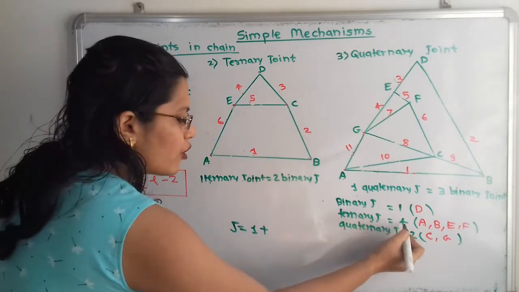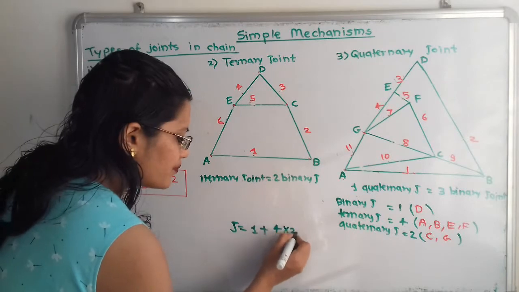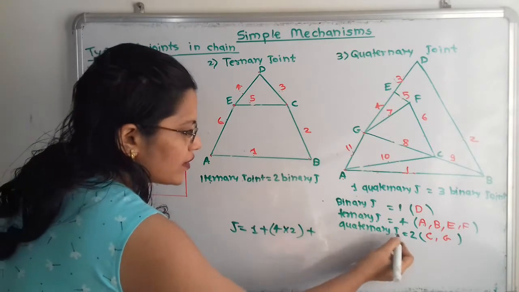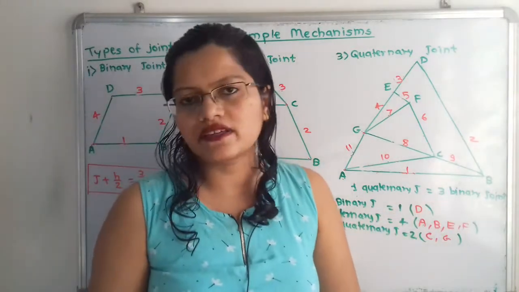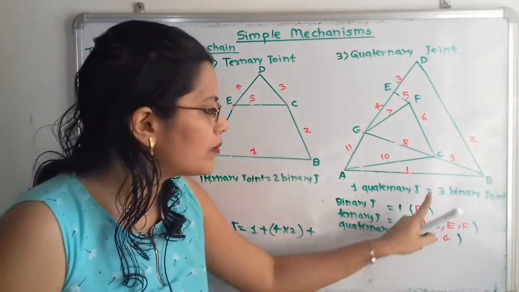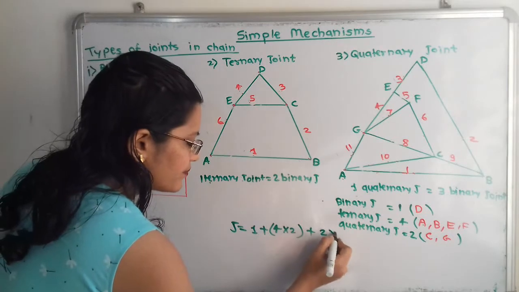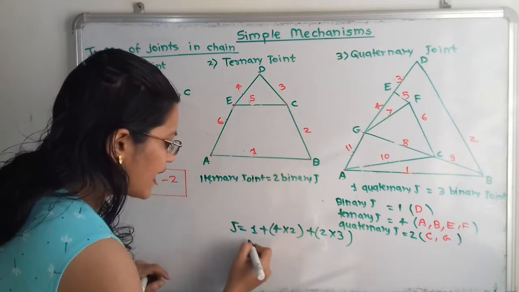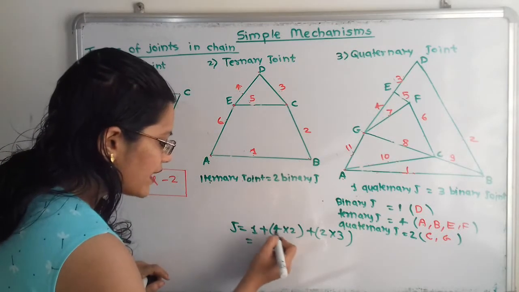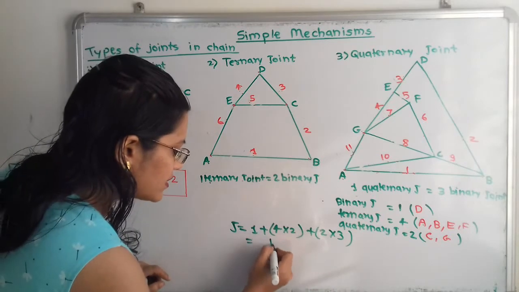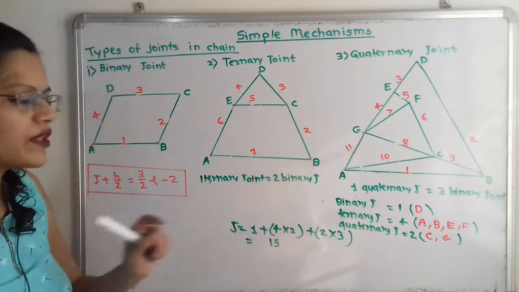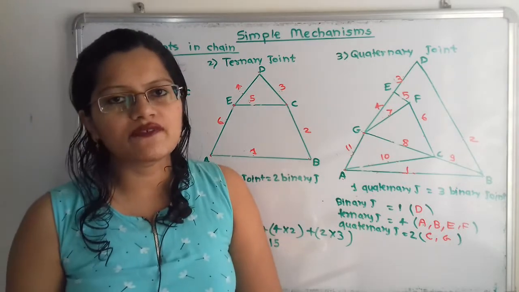So here 4 multiplied by 2, plus quaternary joints 2. One quaternary joint is equal to 3 binary joints. So we have to take 2 multiplied by 3. So now if we calculate, 8 plus 1, 9 plus 6, that is equal to 15. So the number of binary joints is equal to 15.